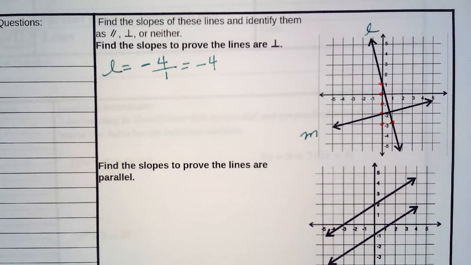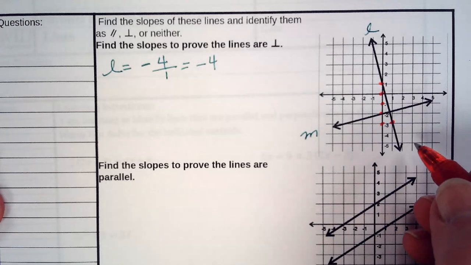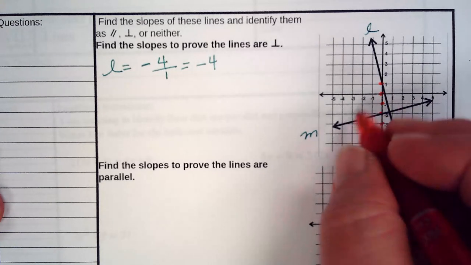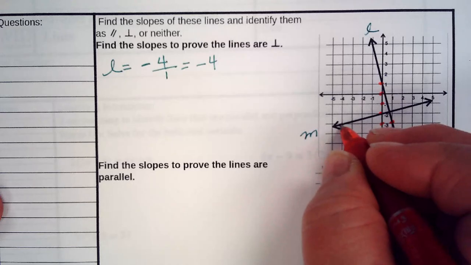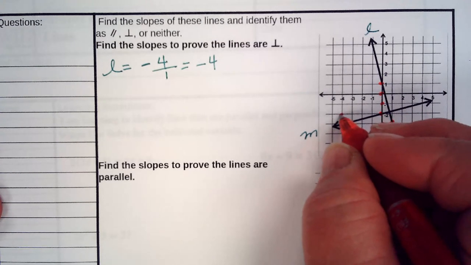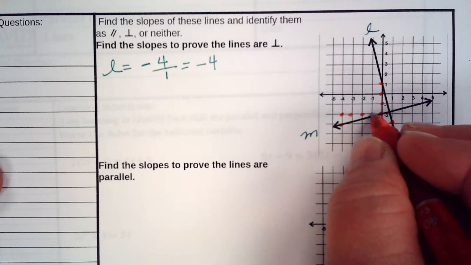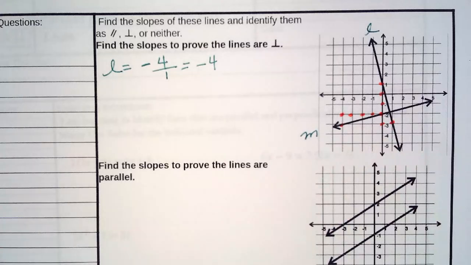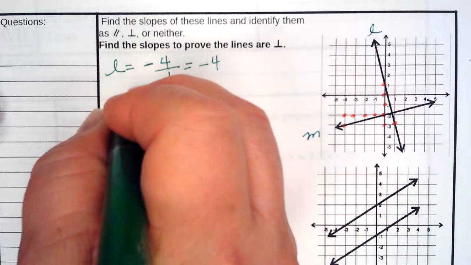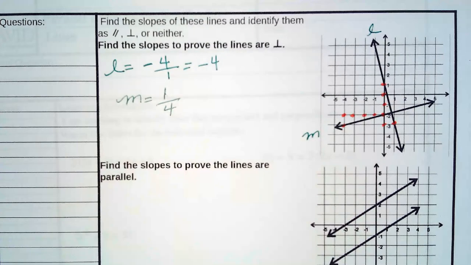Well, it's positive, so I know at least that much works. I've got to find where I go through the corner of a box. I go through here, and then I go through up here again. So this is up 1, right 1, 2, 3, 4. So my slope for M is up 1 and right 4.